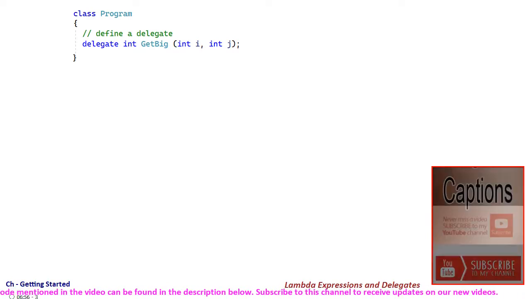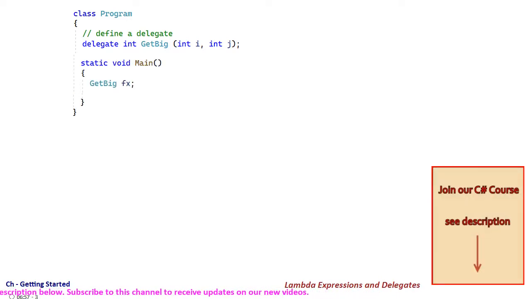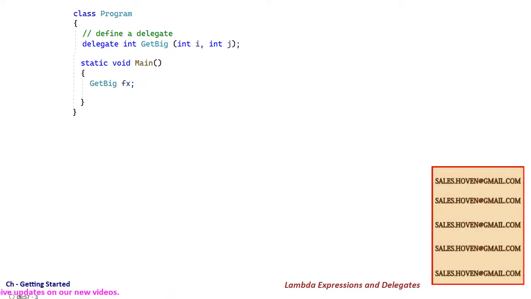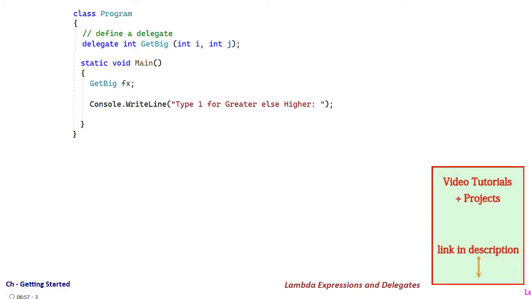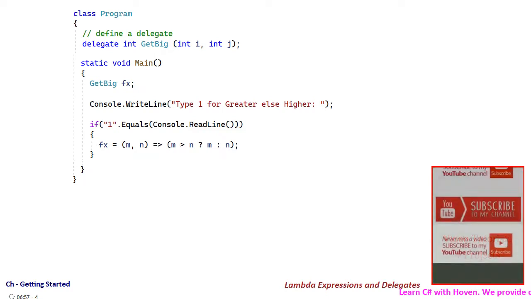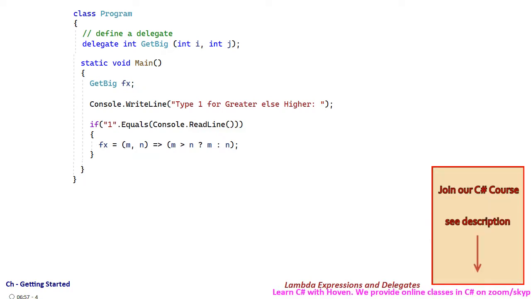First of all, we have defined the getBig delegate. And then we have the main function where we have declared a variable fx of the data type getBig. And next we ask the user to enter 1 for his choice. If he enters 1, then fx is set equal to an expression lambda that takes two arguments and returns the greater of the two.